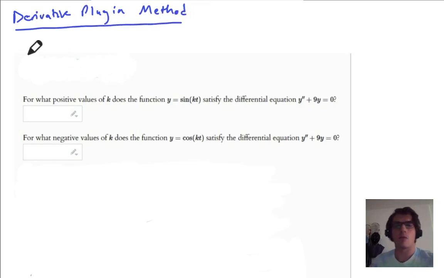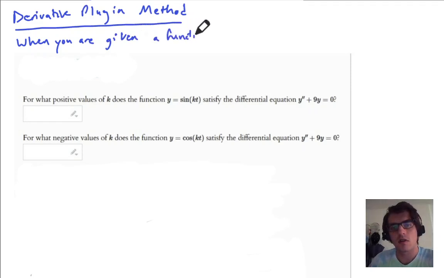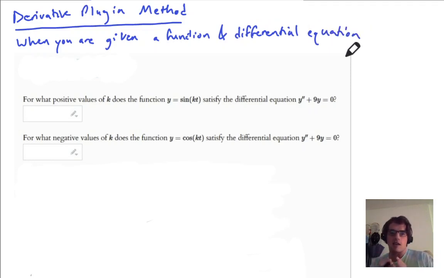Okay, this is when you are given a function, y equals, and a differential equation. So here we have the function y equals sine kt and y double prime plus 9y equals 0 is our differential equation.